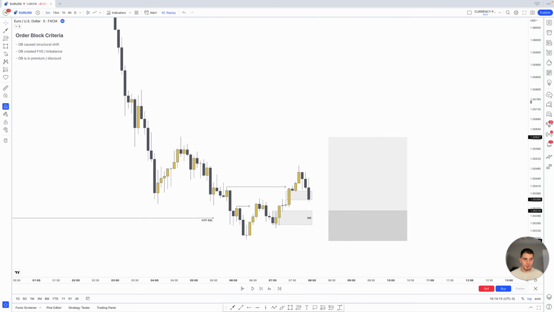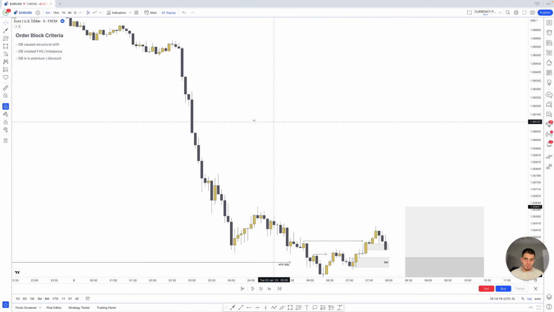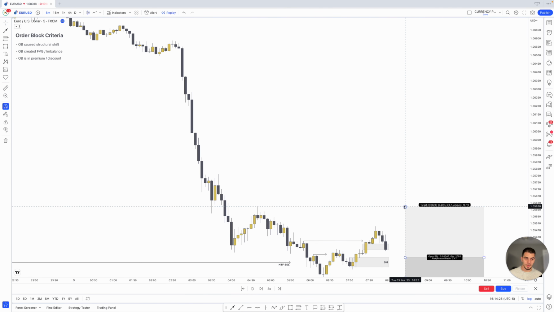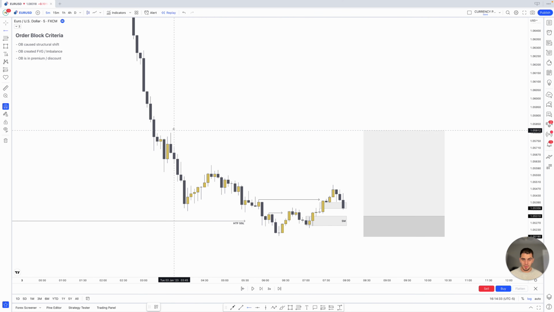Now, where can we target? Technically, given the fact that this has been such an imbalanced, inefficient, bearish leg back here, we could set our targets quite high, but it's always safer to go after the more modest target. So in this case, I can see that this area right here would act as buy-side liquidity.